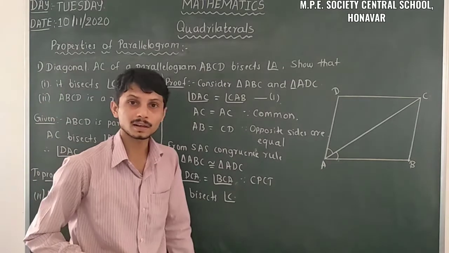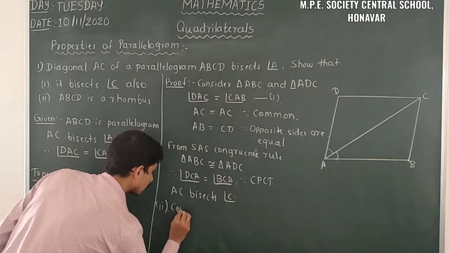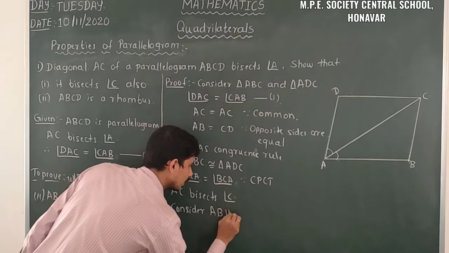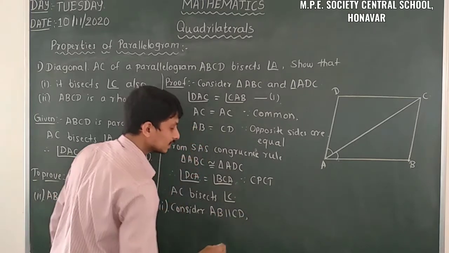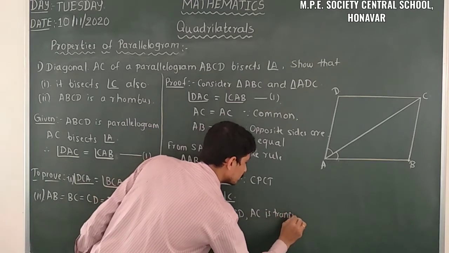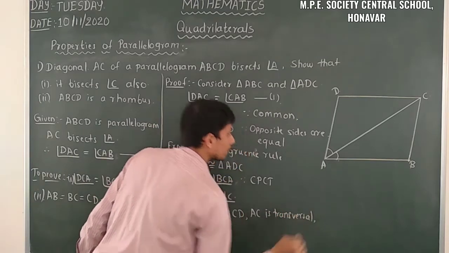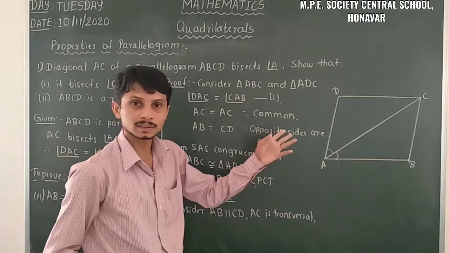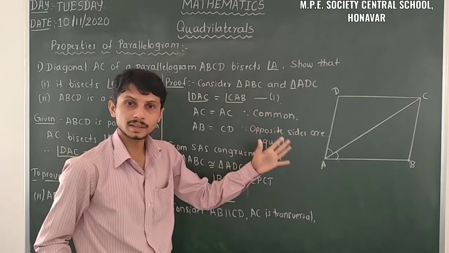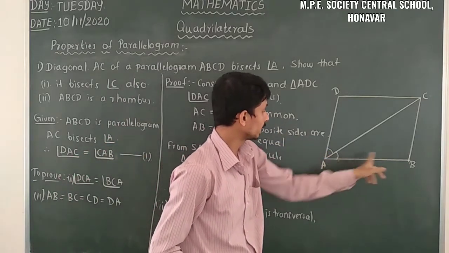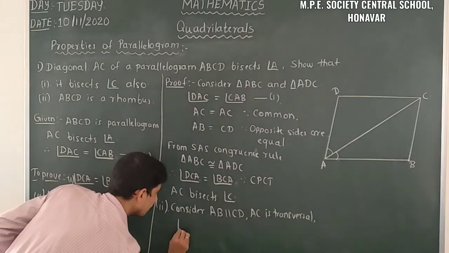Consider AB is parallel to CD and AC is a transversal. Then the pair of alternate interior angles is equal. Let us take angle BAC.